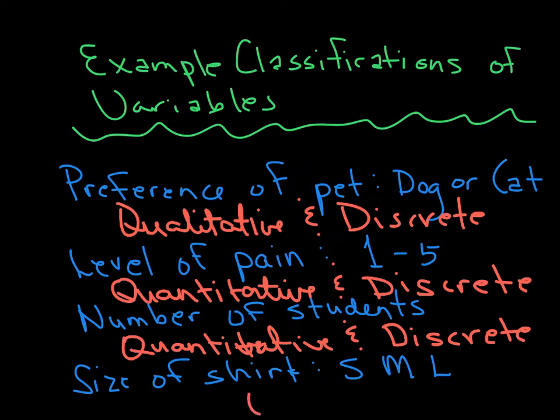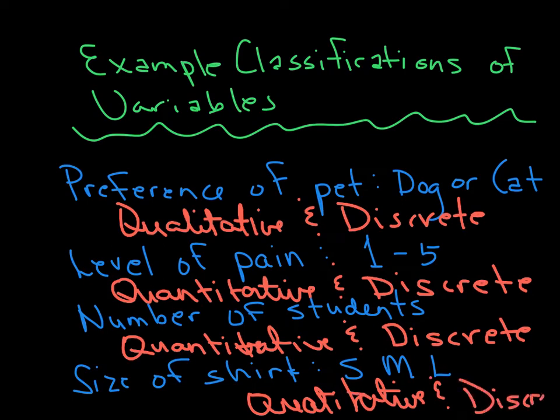So in this case, we're looking at qualitative, and again, these are categories, discrete. Sorry, I'm running out of room. So just because they're categories and there's no numbers involved.